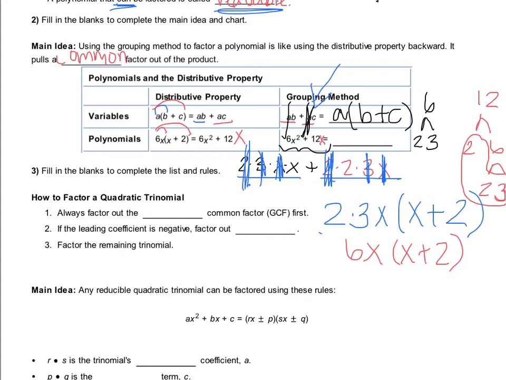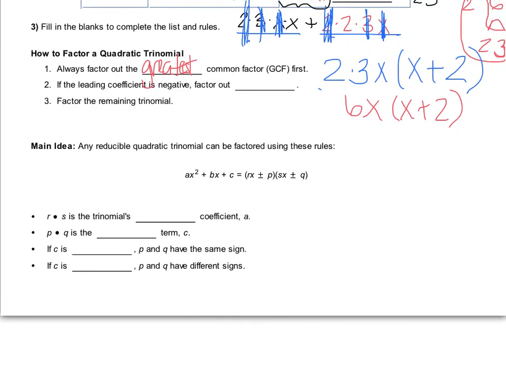Okay, the next section is about factoring quadratic trinomials. The first thing they tell you to do is to always factor out the greatest common factor, and that's again just looking to see if all of your numbers are divisible by something. A real quick example, you don't have to write this: if I had 4x squared plus 8x plus 4, the very first thing I would do is say, hey, I know that all of these numbers are divisible by 4.